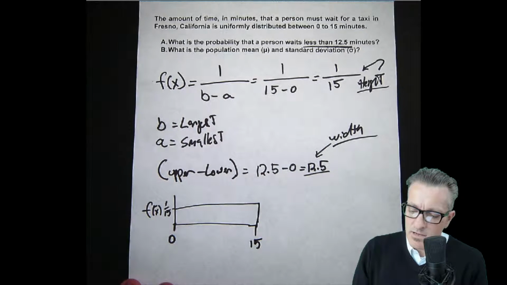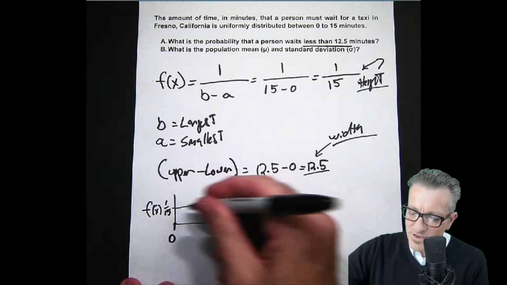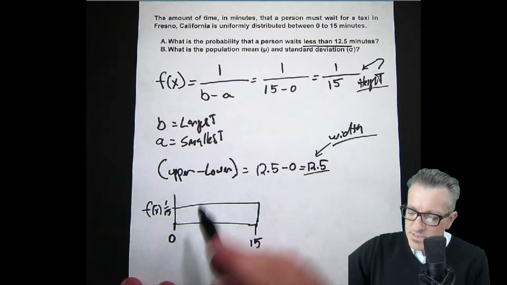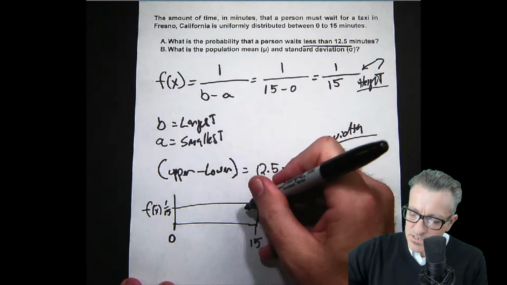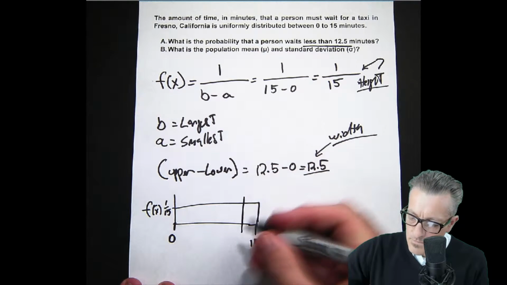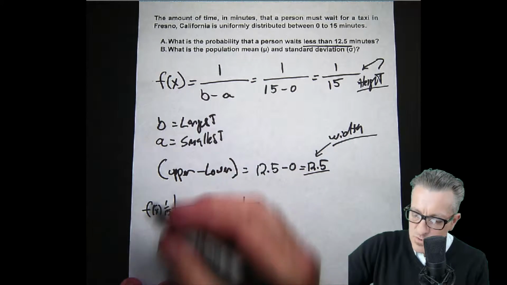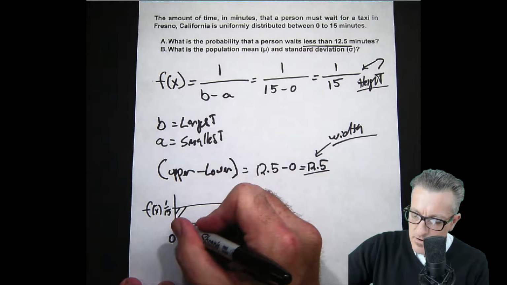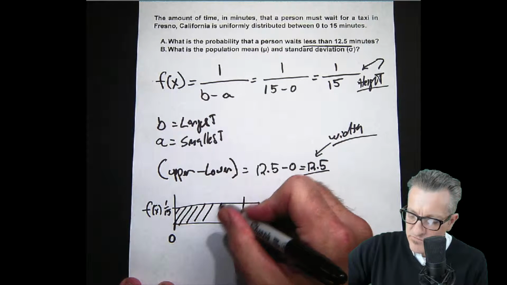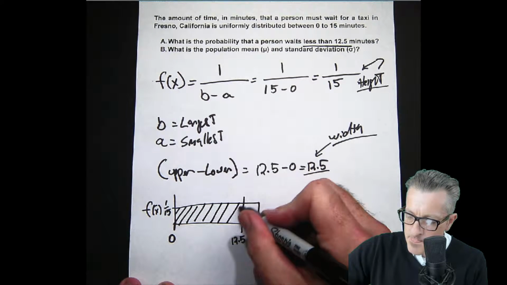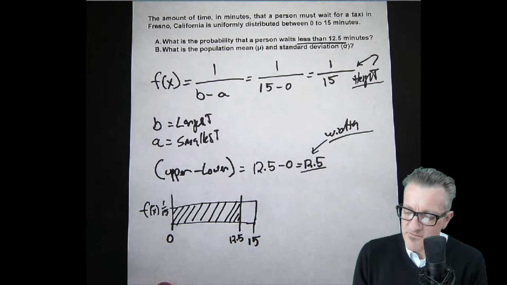The rectangle looks a little unequal, but this is the distribution we're working with. We're only trying to solve the part up to 12.5. We know the height is 1 over 15, and the width we're looking for is 12.5.